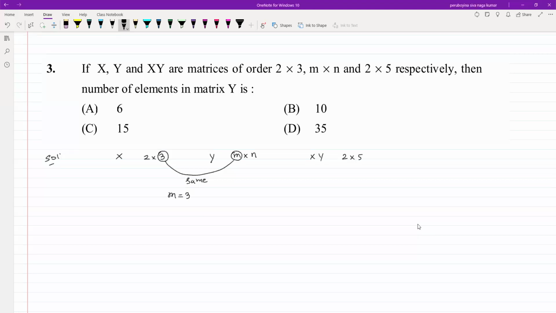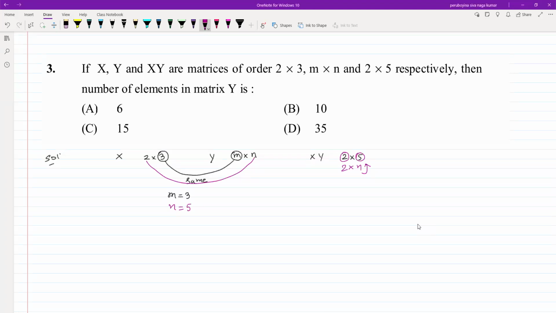If m value will be 3 and the resulting XY has order 2 by n, 2 is here, 2 by n. That means n value, look at here, n value is 5.